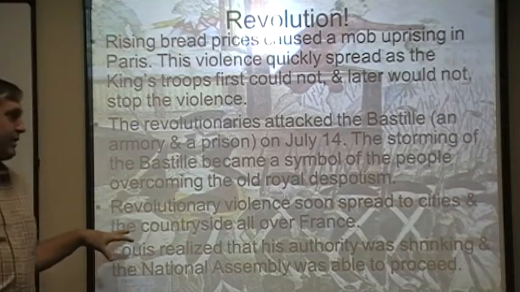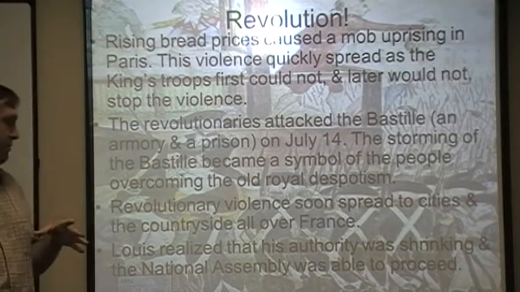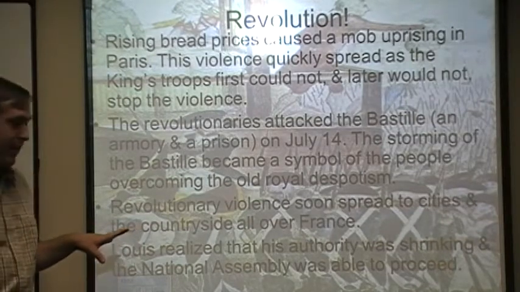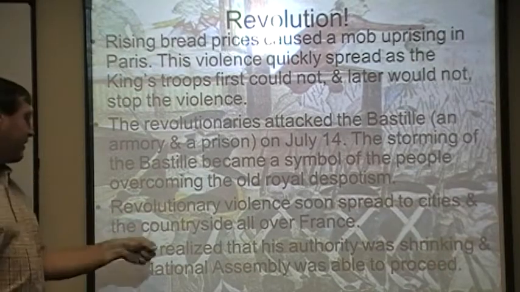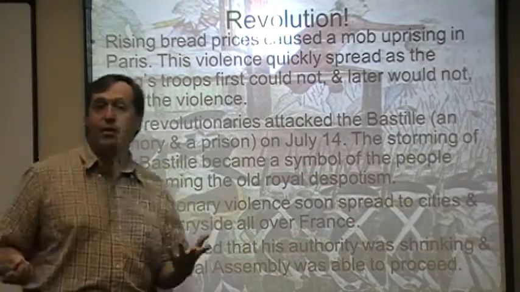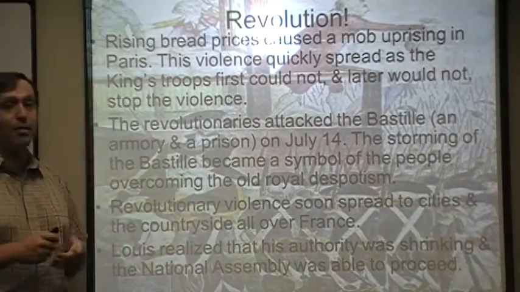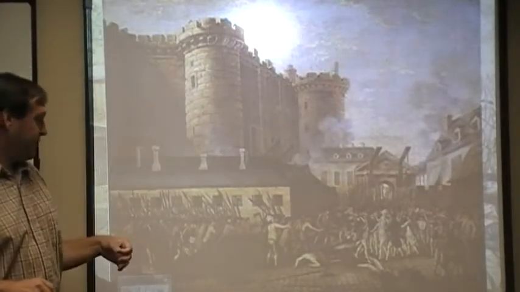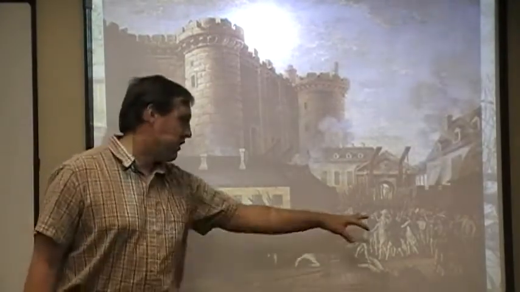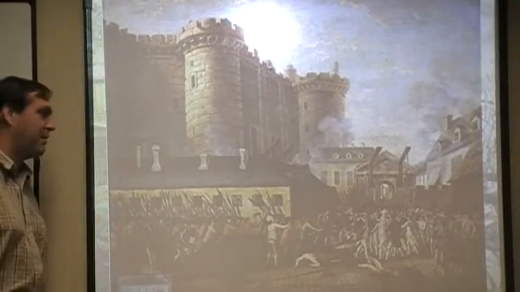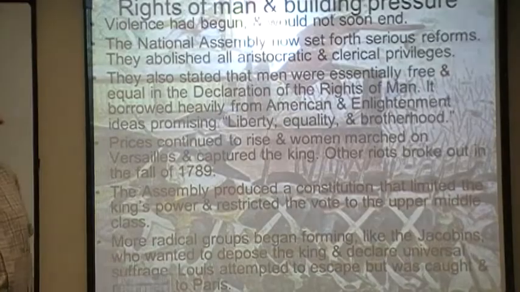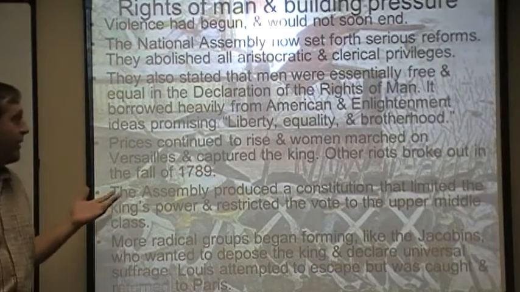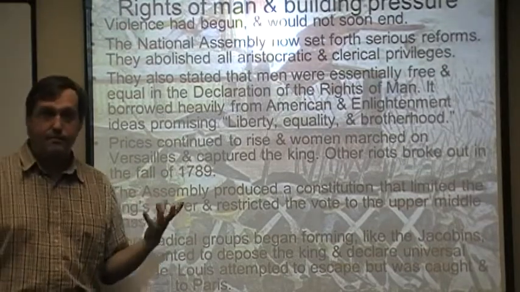Louis realized that his authority was getting smaller and smaller, and as a result of the fact that Louis can't make a whole lot happen on the street, the National Assembly is the de facto government now of France, and they're able to proceed with essentially whatever they want to do. So here's the Bastille, and here's this confusing mob of revolutionaries as they're pushing their way in, and then you've got the king's troops in the background, and so you're going to have this fighting that's going to take place around here. So the violence has started, and is not going to soon end.